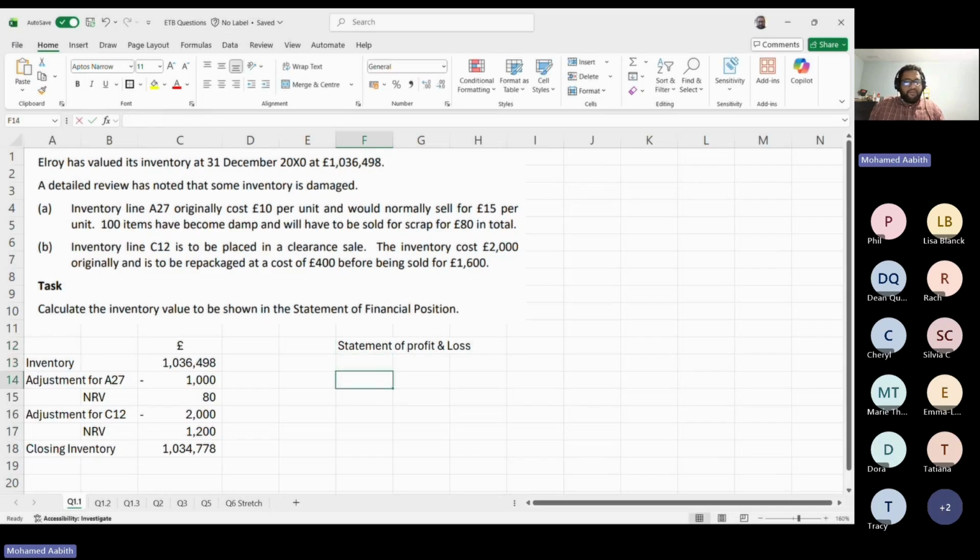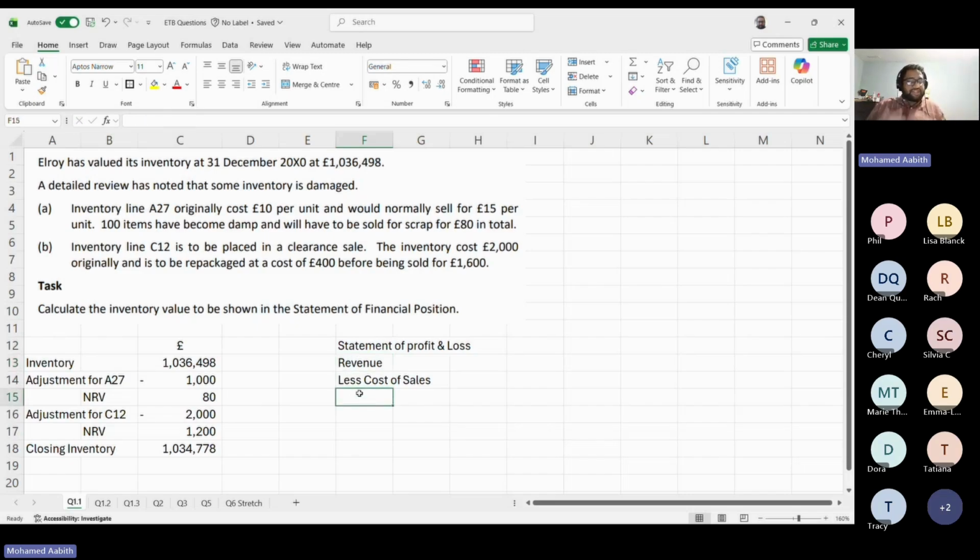So if you want to find the profit, we're going to look first at revenue, and then we have to take away, less, cost of sales. So for the revenue, we know how much we sold the products for in that period. And the cost of sales will be equal to how much it cost you to make that revenue.